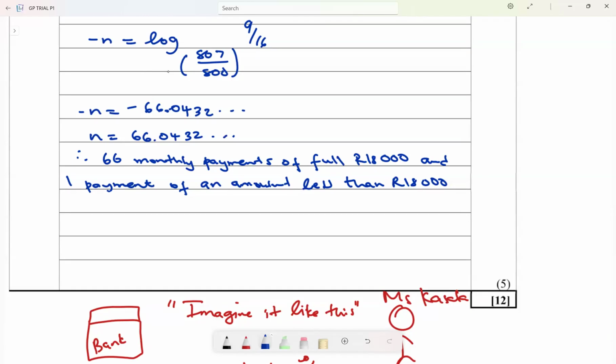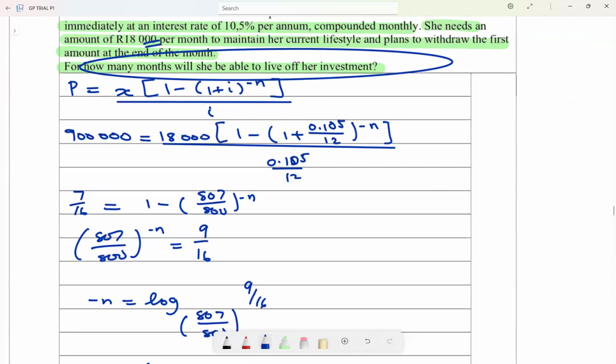But now the question is not how many months will she get the full 18,000. The question says, for how many months will she be able to live off her investment?